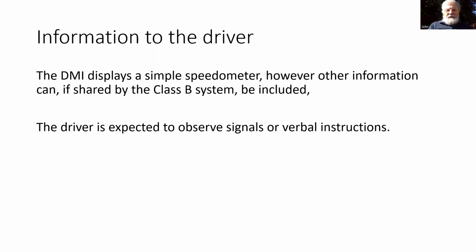There is an option for extra information which has been passed from the Class B system via the STM, the Specific Transmission Module, to the ETCS to also be included, such as a limit speed or target speed. The driver is expected to observe the signals, obey verbal instructions, or the information provided from the Class B system.